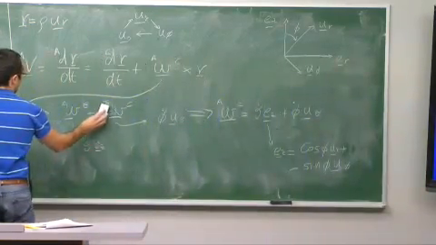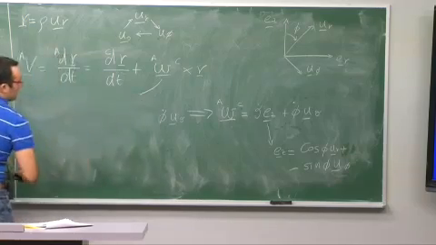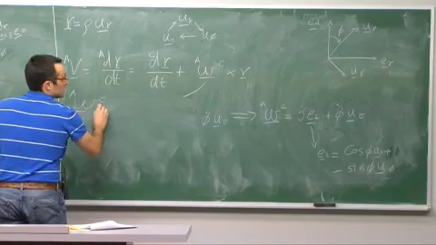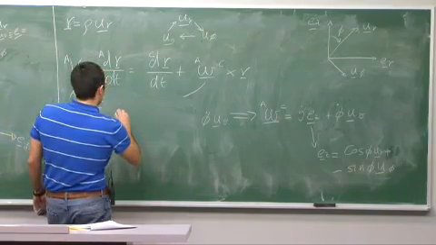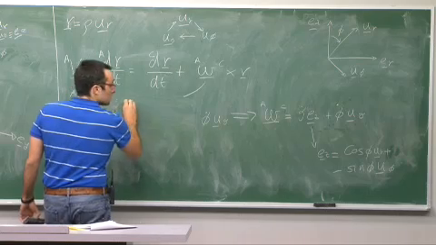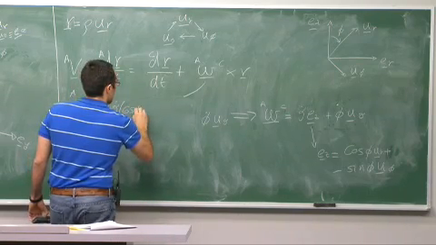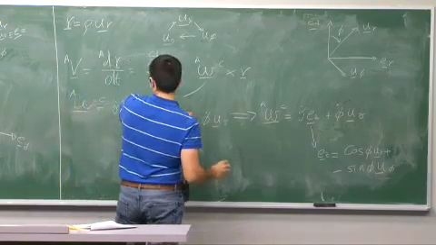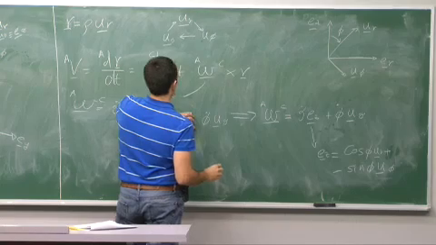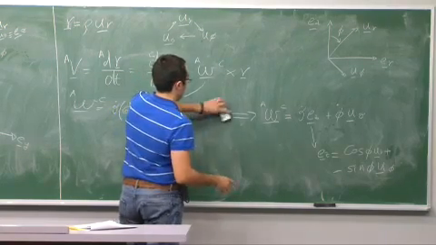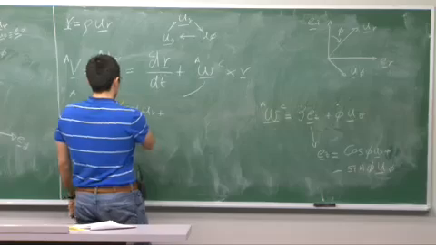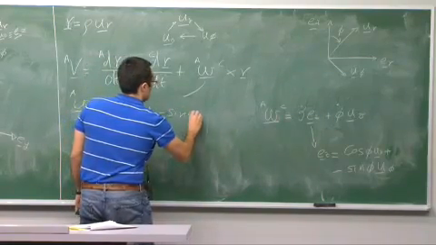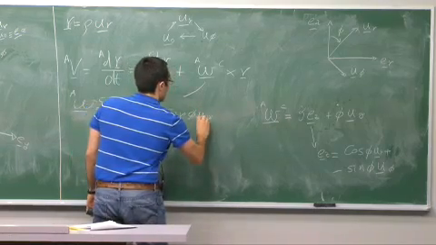And so my omega CA is theta dot cosine of phi UR minus sine of phi U phi.